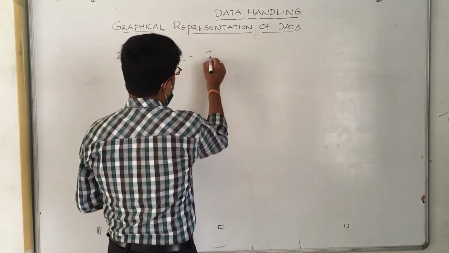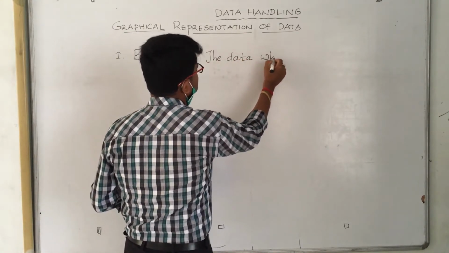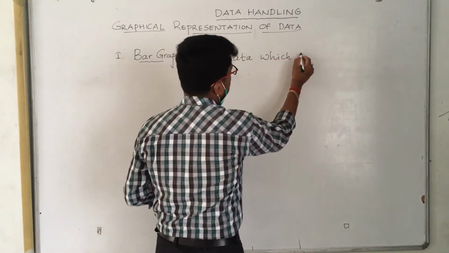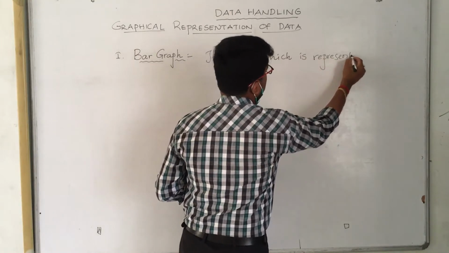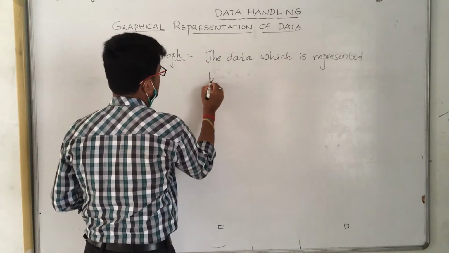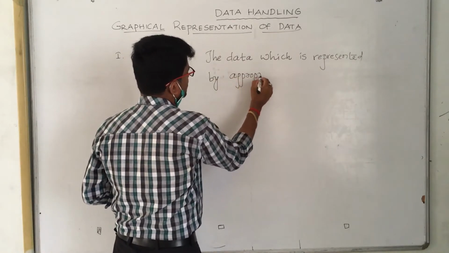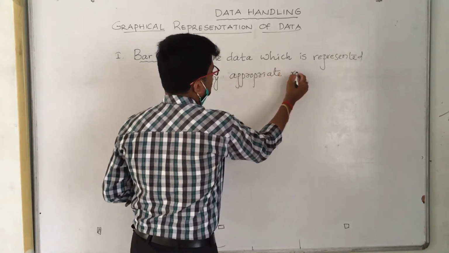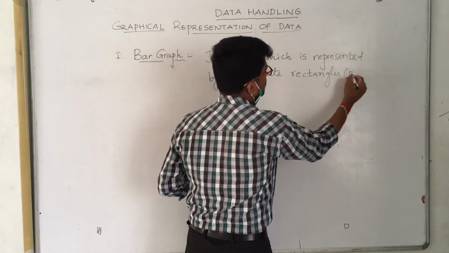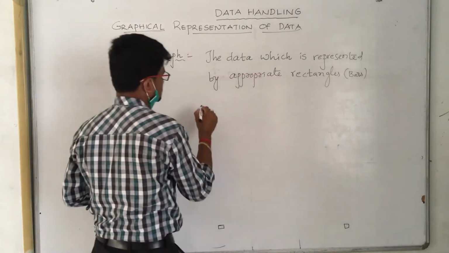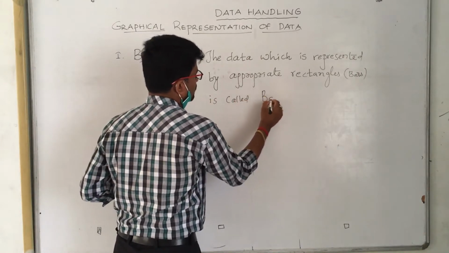The data which is represented by appropriate rectangles, which are nothing but bars, is called bar graph.